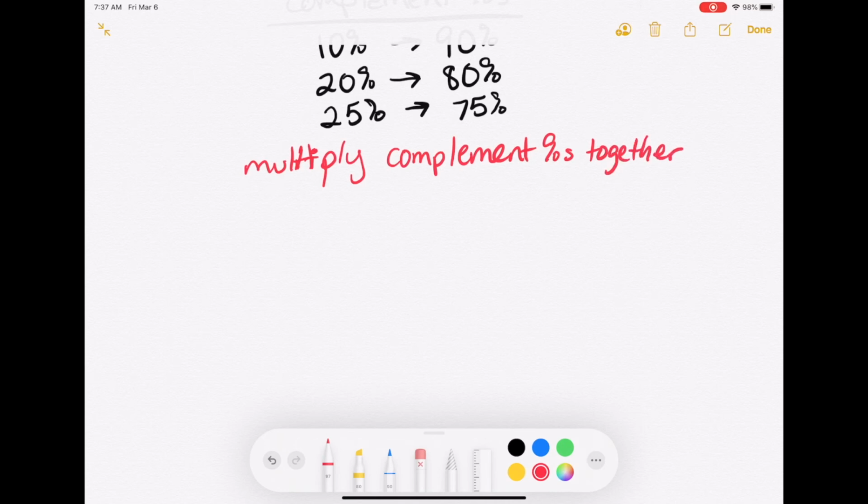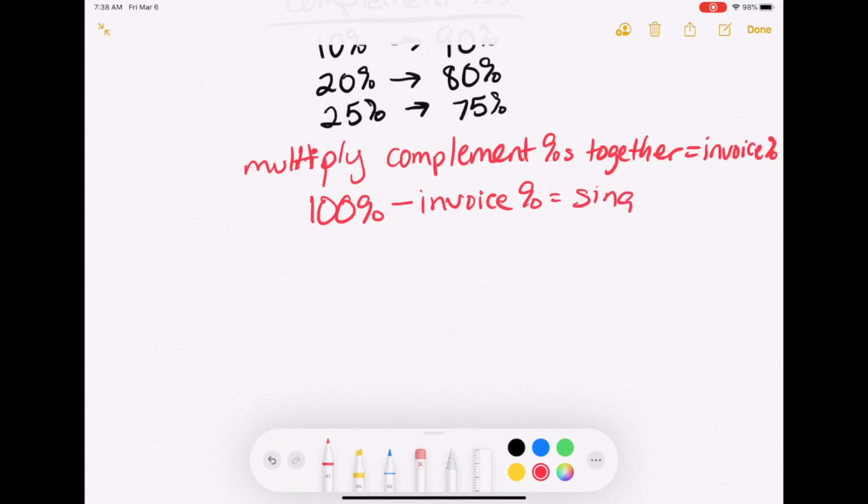Okay, and that will give you the invoice price percentage. Then just like before, 100% minus the invoice percent gives you the single discount equivalent.